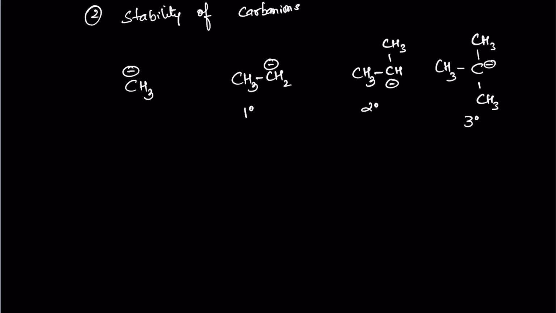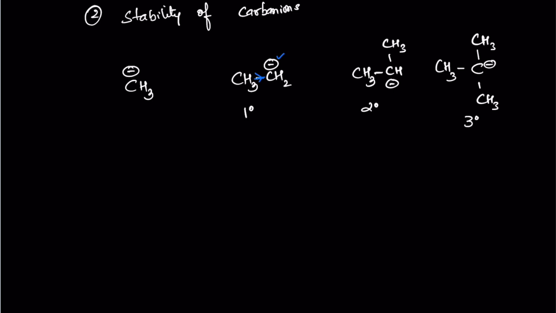We can use inductive effect to decide this. For the 1 degree carbon ion, the CH3 group will again show a plus I effect. And what will happen is the negative charge here will increase even more.